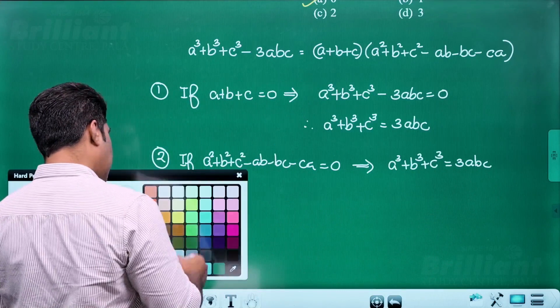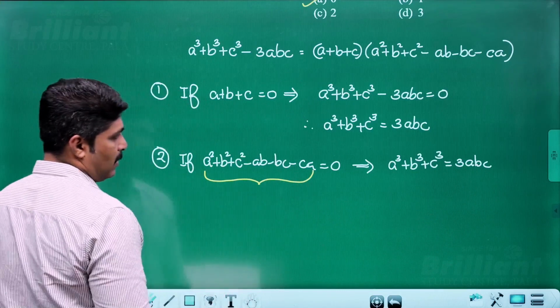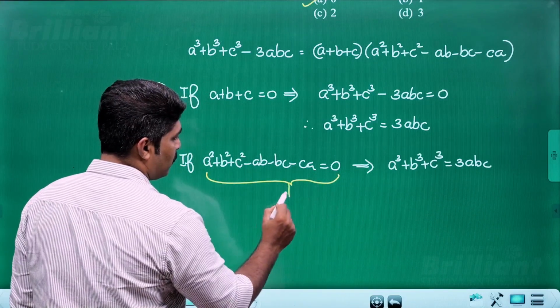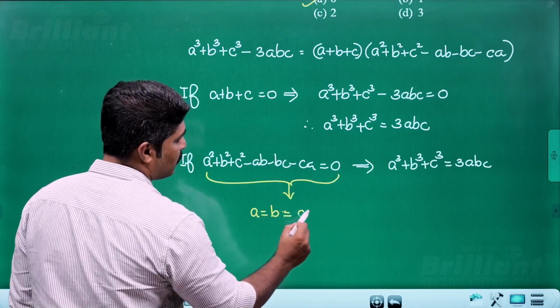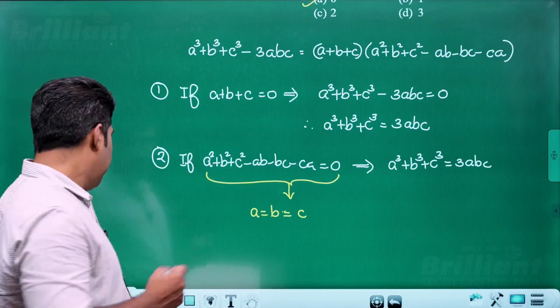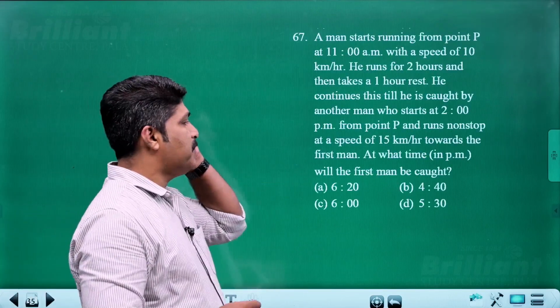So when it occurs, if there is a condition like this, this is equal to 0, what is the inference here? Then a equal to b equal to c. It occurs when a equal to b equal to c. That's the second condition. These are the basic ideas of questions based on the identity values.